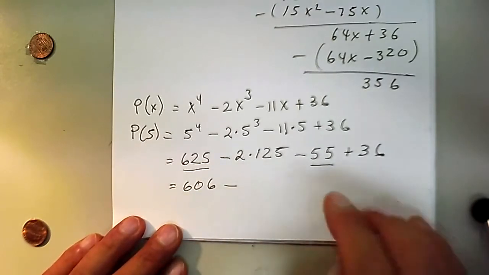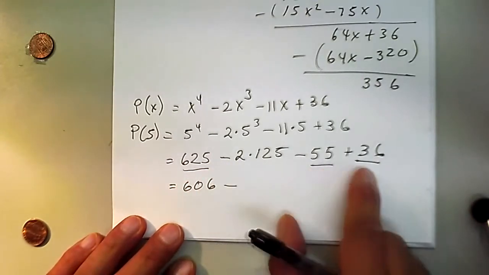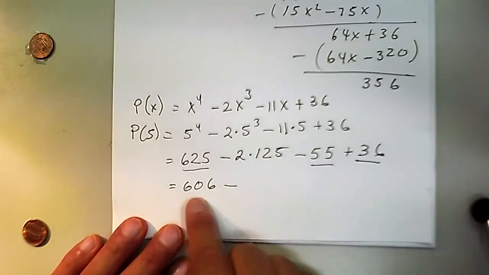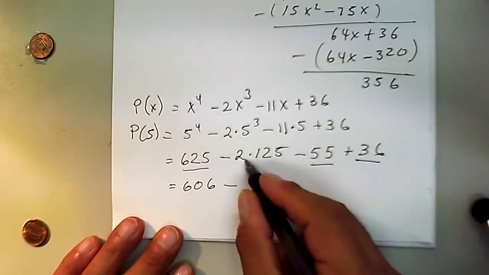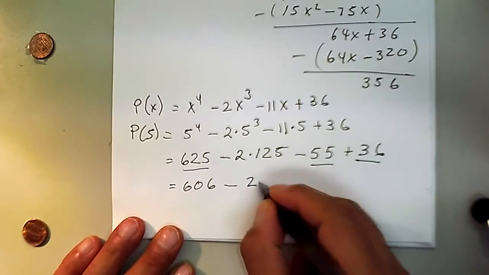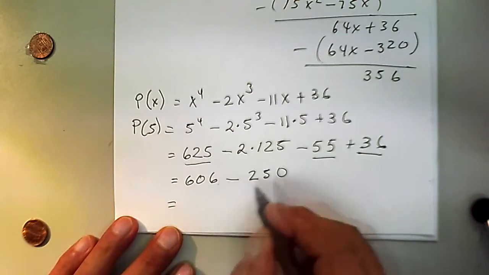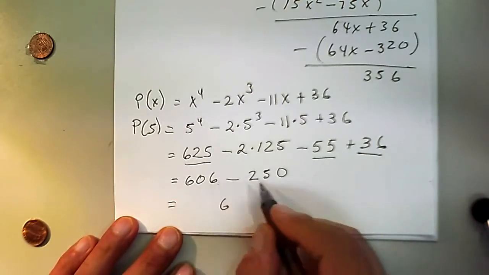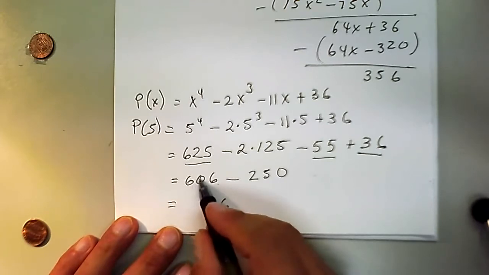And then we're going to take away. So I did 625 minus 55 plus 36, and I got 606. I'll check in a moment. 2 times 125 is 250. So let's subtract those two. 6 minus 0, 6. 10 minus 5, 5, because we borrowed a 1 from the 6.